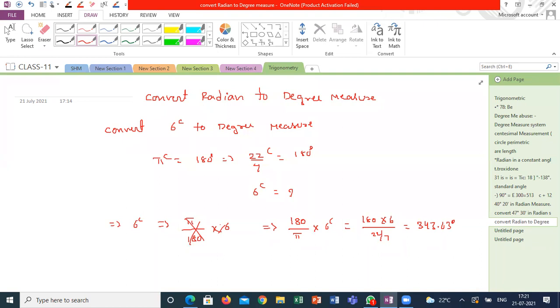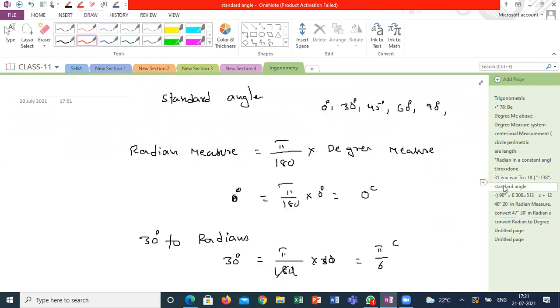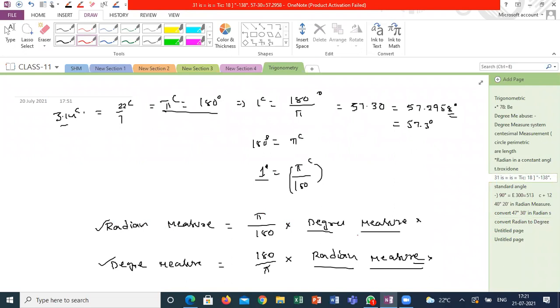When you are converting, you have to keep it in mind. When you are converting radians to degree measure, the pi value will act as 22 by 7 or 3.14. But when I am converting degree measure to radian measure, I use pi by 180 into degree measure.